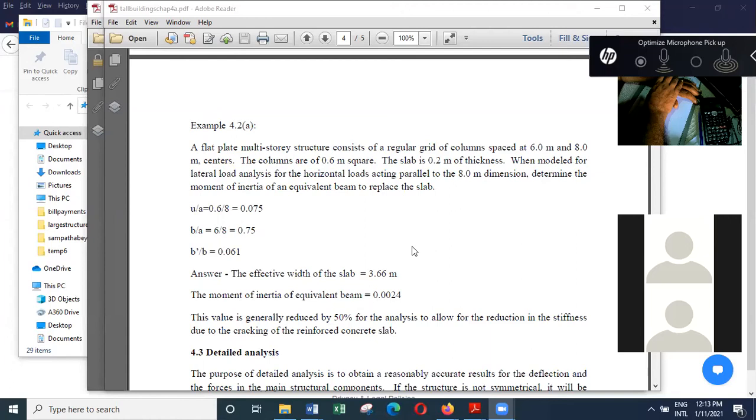On the other hand, you can say the floor is acting as a rigid diaphragm, and then even if you don't model the slabs, the program will still assume that there is a slab and the behavior is rigid diaphragm. So those are the important things you have to keep in mind when you are doing 3-dimensional modeling.